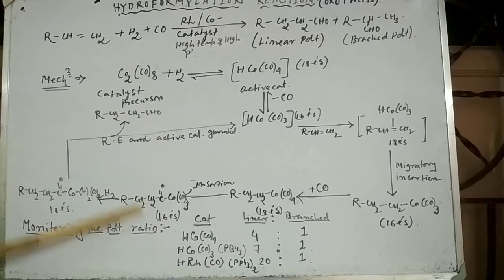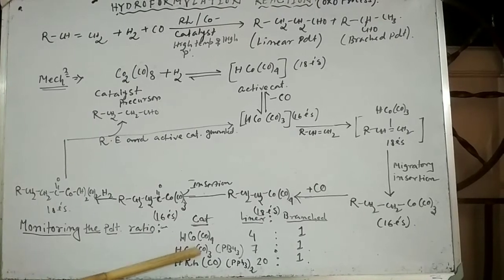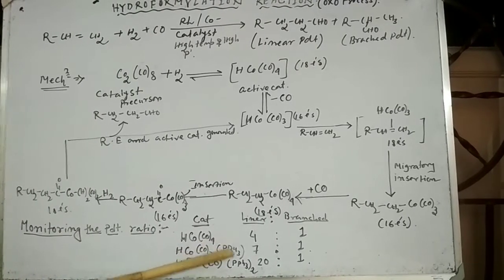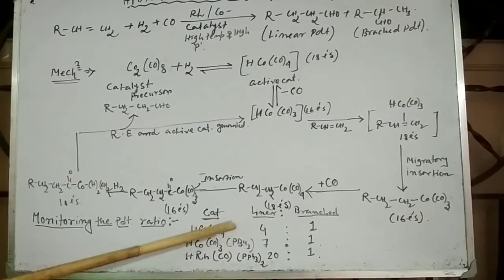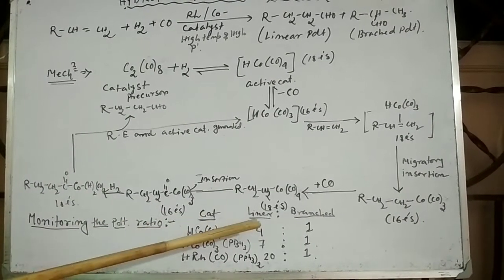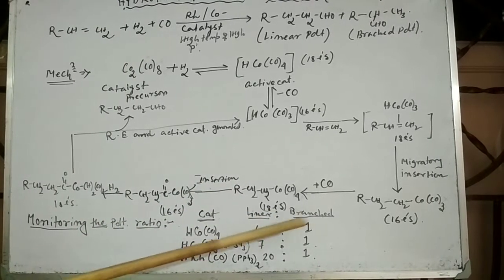When we use another cobalt catalyst, HCo(CO)3(PBu3), a tributyl phosphine substituting one CO group, the linear product ratio increases, and the ratio is 7:1.